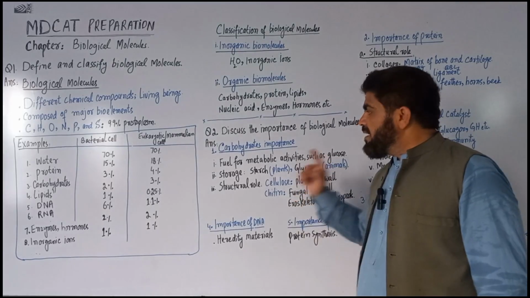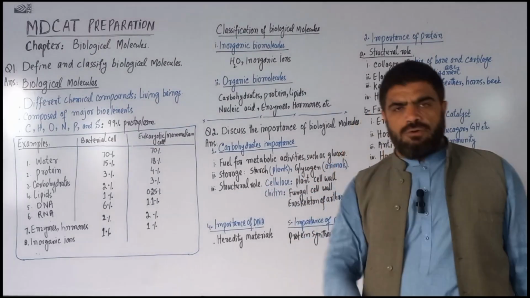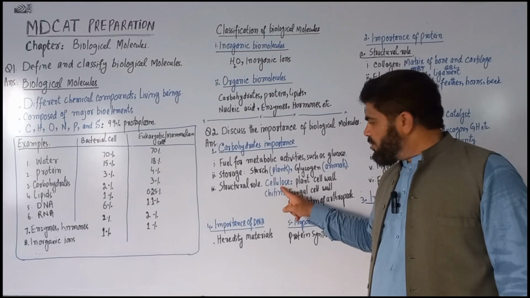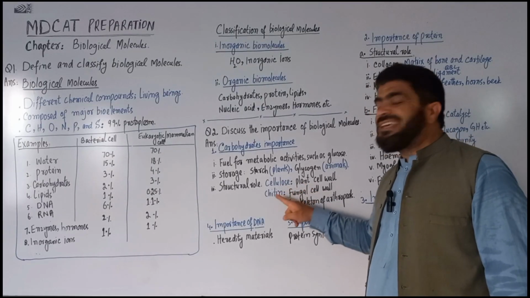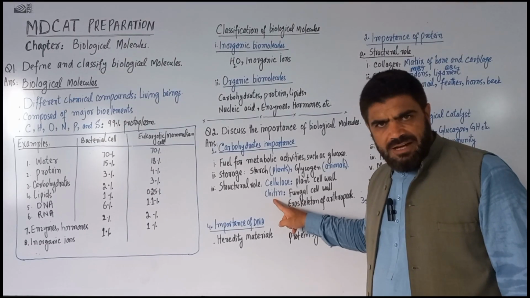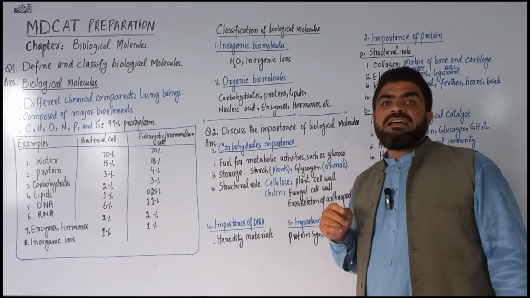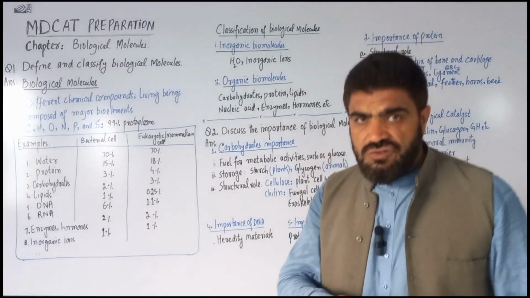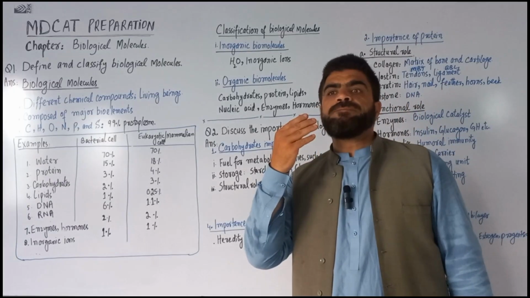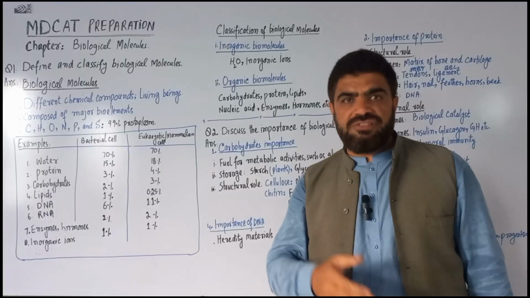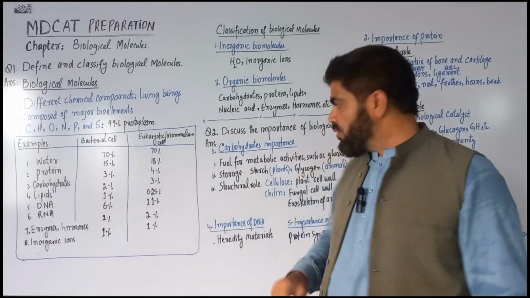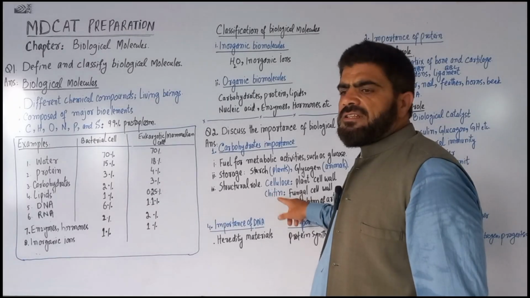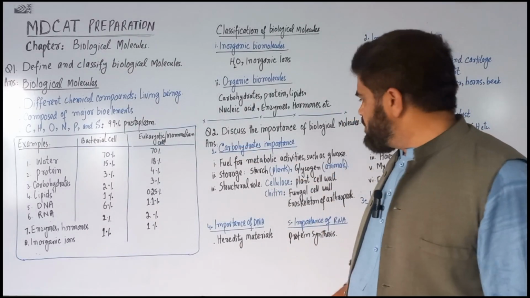Other carbohydrates have a structural role, for example cellulose, present in the plant cell wall, and chitin, present in the fungal cell wall. Chitin is also present in arthropods like insects such as grasshoppers, ants, and termites, in the cuticle, where its structural function is a barrier that prevents water loss.